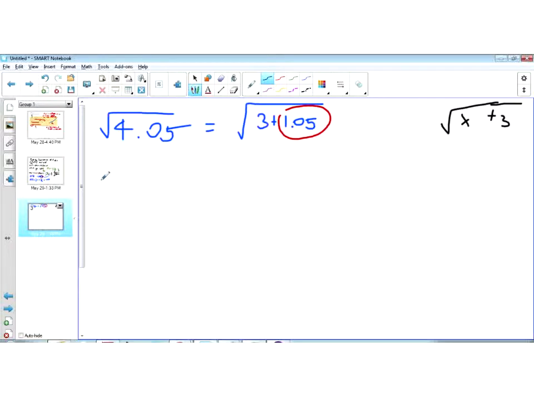So anyway, we know that the approximation of the square root of 4.05 is 7/4 plus x over 4, evaluated at x equals 1.05, like so.